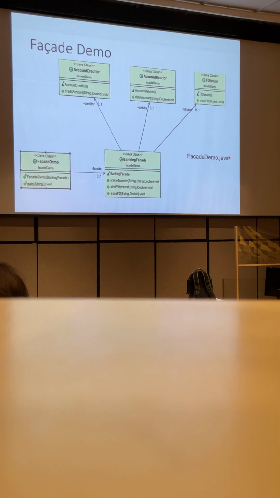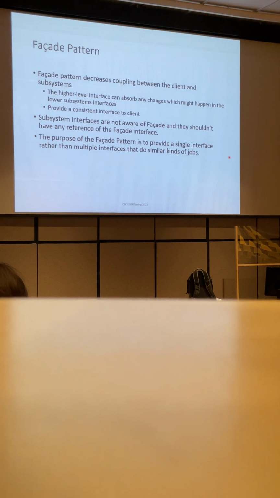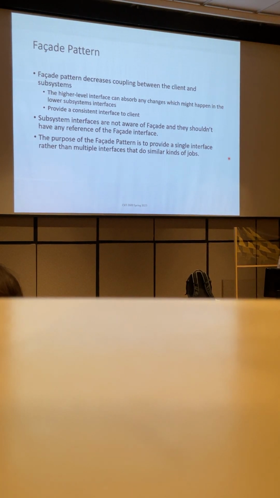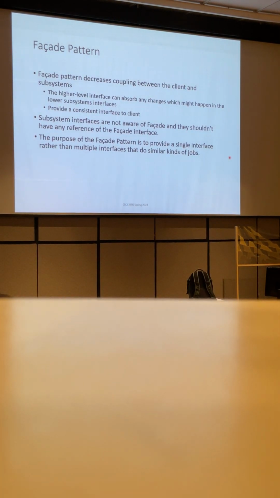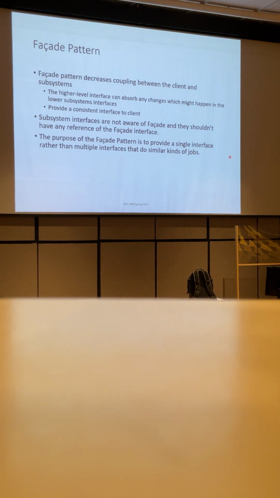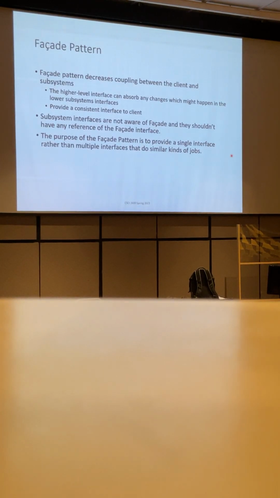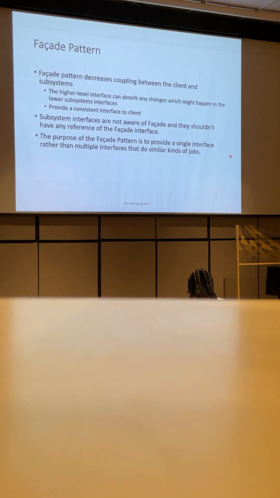Here is an example. I'm just going to leave it as an exercise so that we can move on. Basically, facade allows us to decrease the number of dependencies. So it reduces the coupling between the client and the subsystem, because everything now goes through our facade, which presents a simplified view.